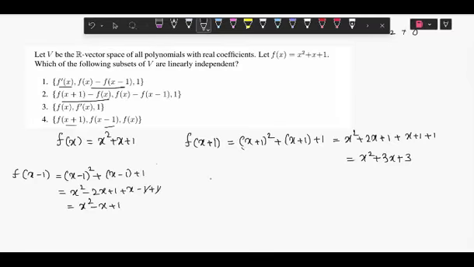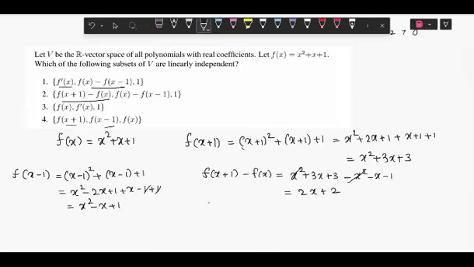Now let's calculate f of x plus 1 minus f(x), which is equal to x square plus 3x plus 3 minus x square minus x minus 1. So which is equal to 2x plus 2.